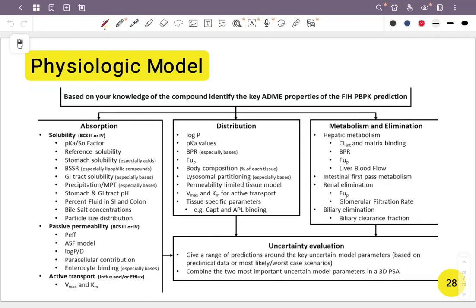Then, dinis sa physiologic model, no, daghan kaayog parameters nga gina-consider jud. So, for example, when talking about absorption, gina-consider si solubility, permeability, and active transport na present sa ato ang site. So, daghan kaayo siyag mga sub-parameters, no? So, basta, very complex si physiologic model.